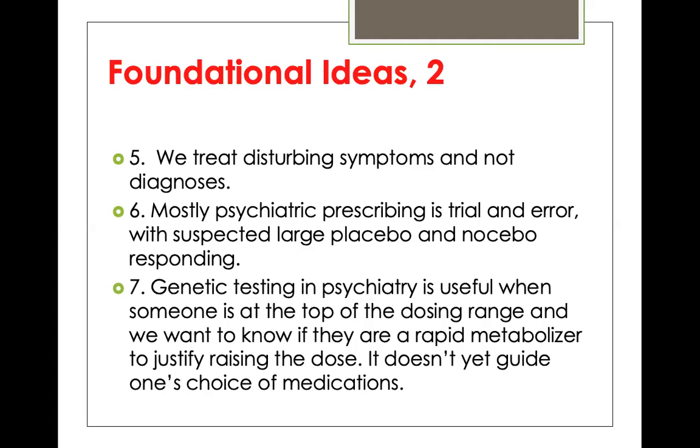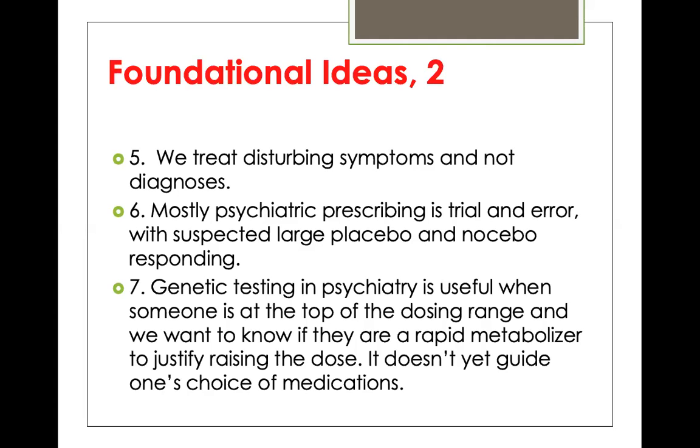And a seventh corollary is that genetic testing in psychiatry is not all that useful. And surprisingly, Harvard University psychopharmacology courses agree with me. The genetic testing does not tell you if a drug will work.